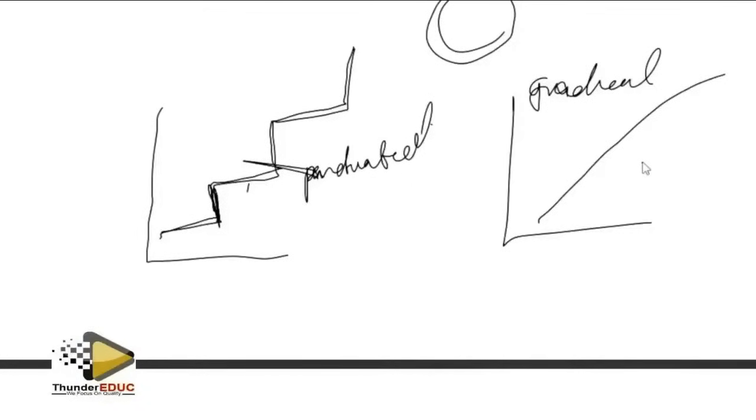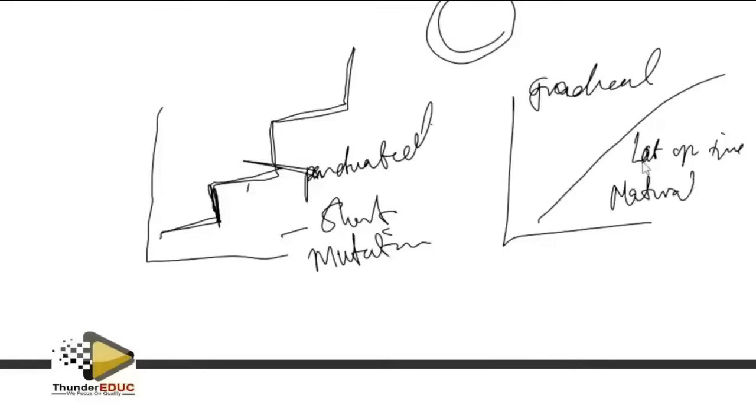And this is gradualism. Here you require a lot of time. Here it occurs in short periods. So in punctuated equilibrium, you have periods of no change and periods of change. And in most cases, punctuated equilibrium is caused as a result of mutation, while gradualism is caused as a result of natural selection.